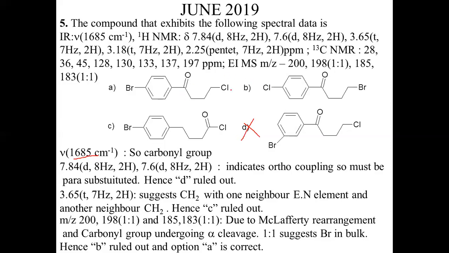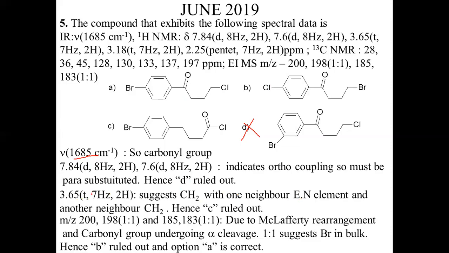So we are left with A, B, and C. Next, when you look at this 3.62, it is for 2 hydrogens and it is triplet. When you say 3.65, that means it's highly de-shielded. It has to be next to an electronegative element, and it has another neighboring group which has got CH2.